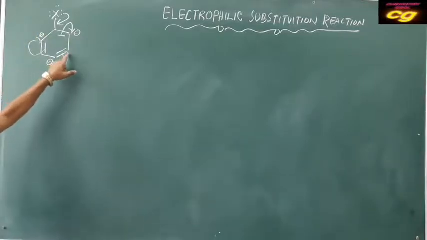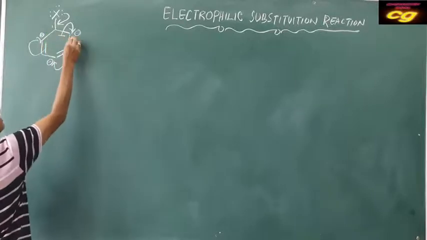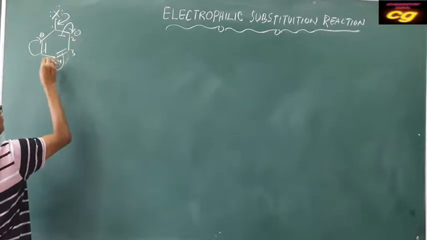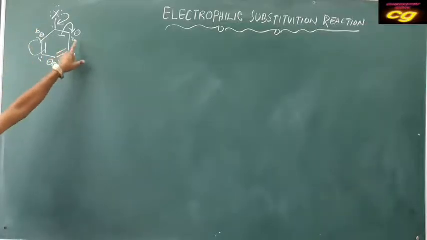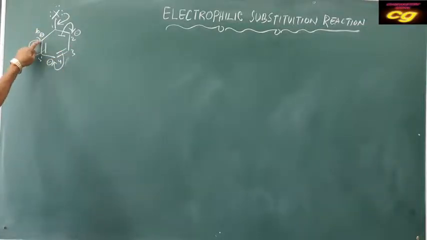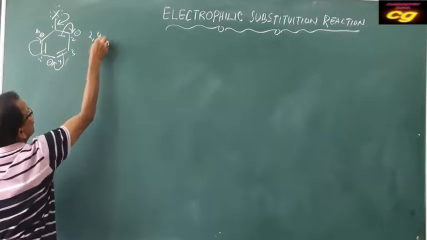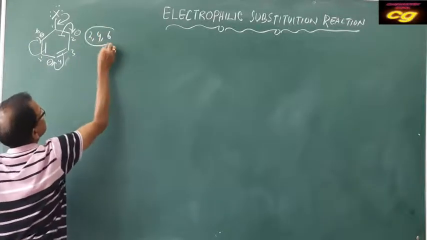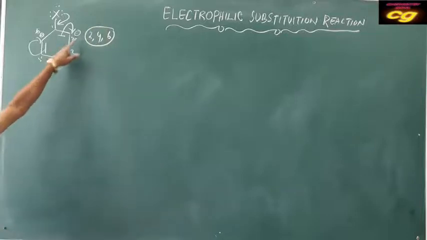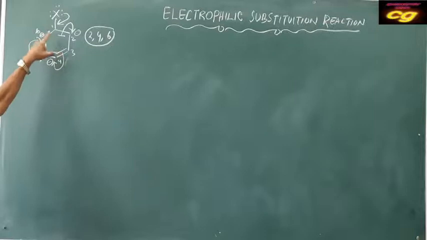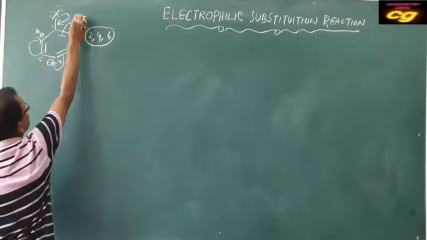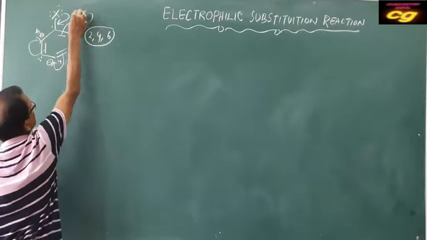Suppose this is position 1, 2, 3, 4, 5 and 6. Positions 2, 4 and 6 get more negative charge by the resonance, and this resonance is called plus R. Why is it called plus R?